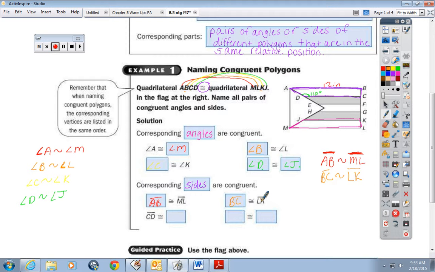Now I would look at the next two letters, which are CD, and then the next two letters here, which would be KL. So now I know that CD corresponds to KL. In this case, I know that they're congruent.